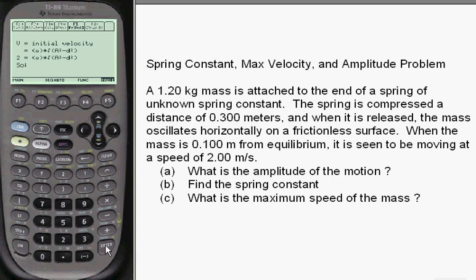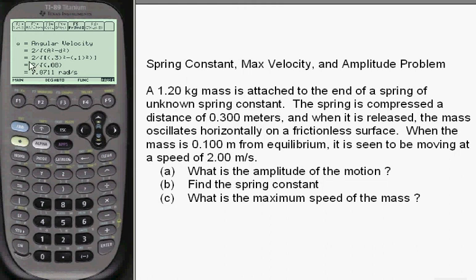And then we're going to find the angular velocity. So this formula here is what we use for that. Angular velocity is the initial velocity divided by the square root of amplitude squared minus the displacement squared, etc. It turns out to be 7.07 rads per second.